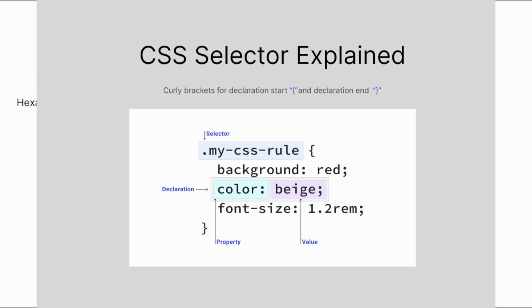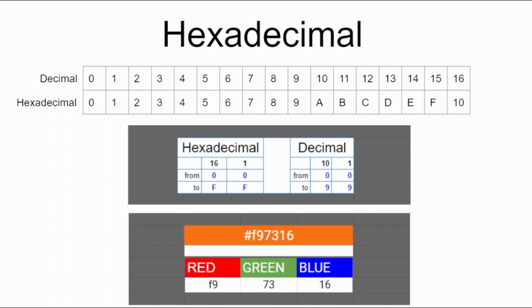So far in this video I've talked about setting colors using color names, but there are a limited number of color names. A more normal way of setting colors is to use hexadecimal values. What are hexadecimal values, I imagine you asking? Well, look at the top table, top row. It shows a row of decimal numbers going from 0 to 16.